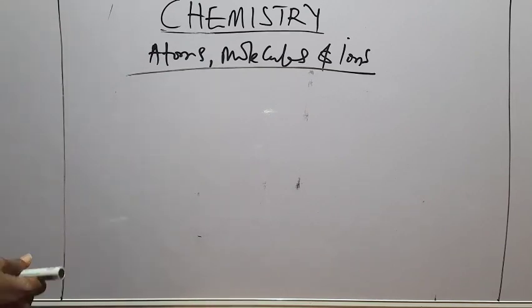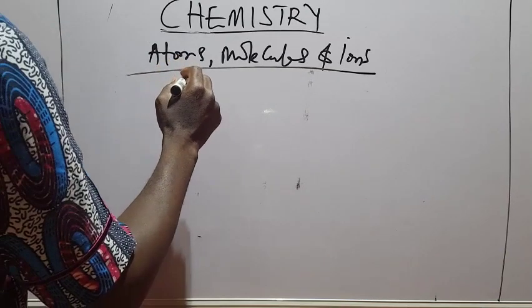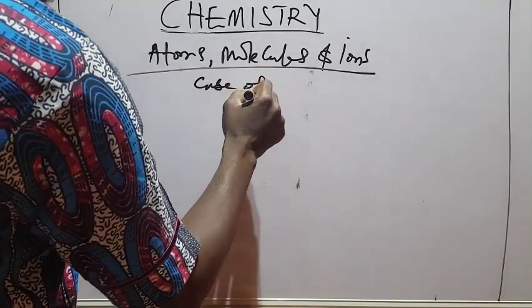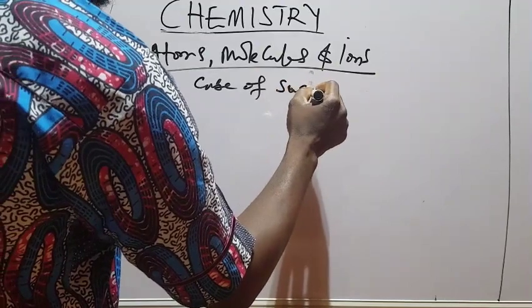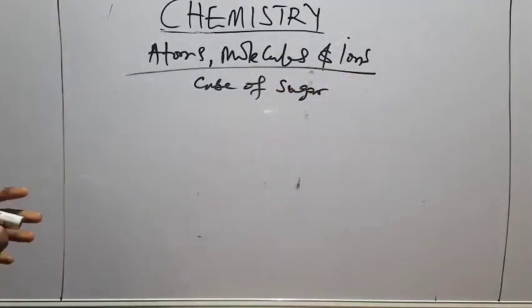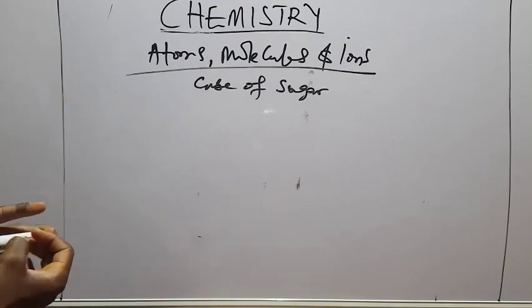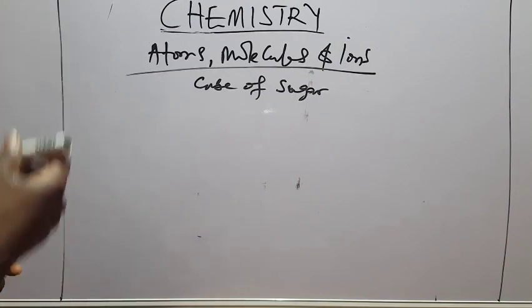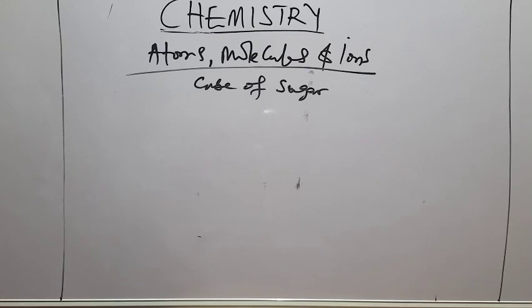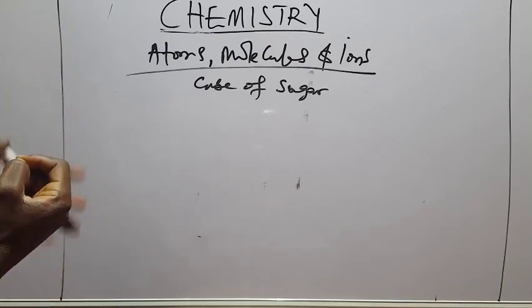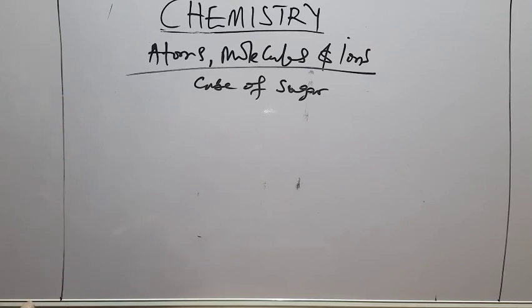So let's say you have a grain of sugar, or you have a cube of sugar, for example. If you divide that cube of sugar into particles, and you pick each particle, you divide each particle into subparticles until you get the smallest one. So that smallest one is an atom of sugar.